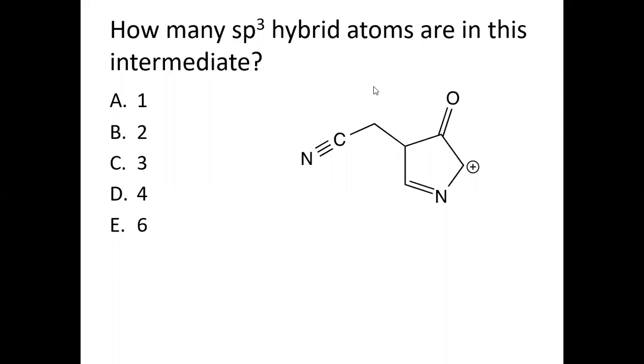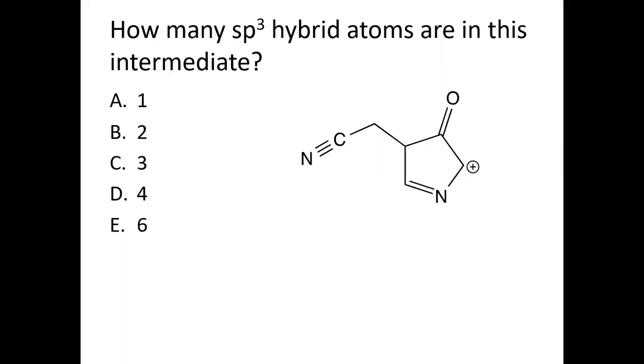So I will ask you this: how many sp3 hybridized atoms are in this intermediate? How many sp3 atoms do you see here? Beyonce says 3.